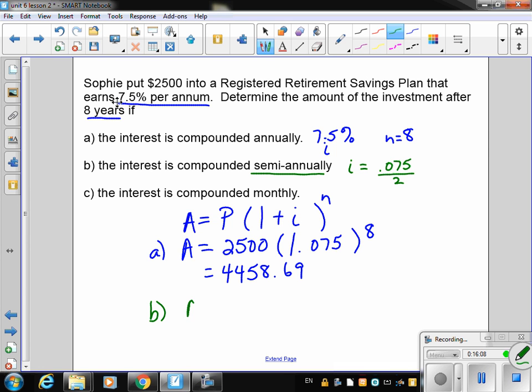So let's get started here. Our formula will be $2,500, but this time the rate is half, decimal 0.075 divided by 2, decimal 0.0375. Okay, 3.75%, but twice a year. So that means instead of 8 times adding interest, they're going to do it 8 times 2, 16 times.